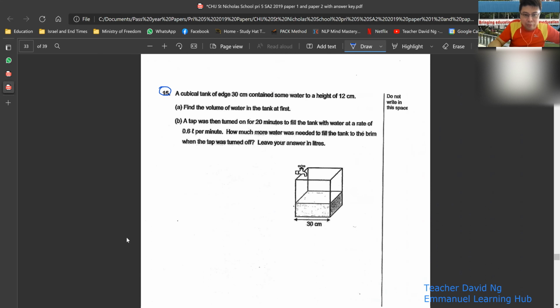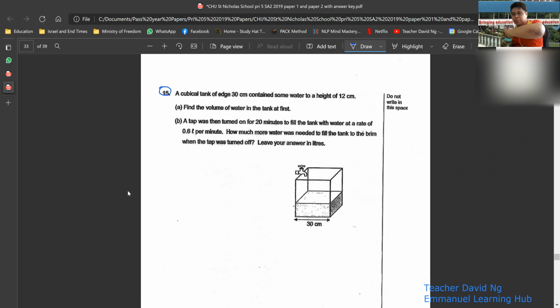Okay, question 15. Let me ask you, have you learned how to calculate volume? Yes. Can you tell me how to find the volume of a cube?